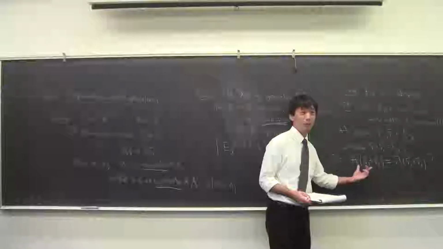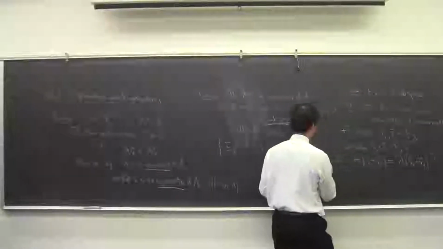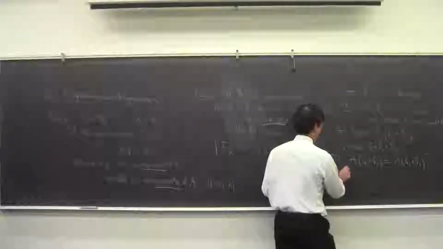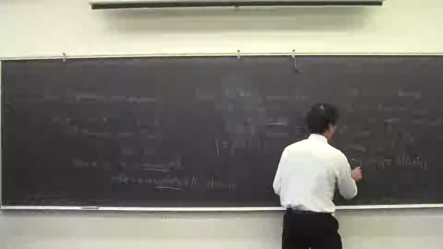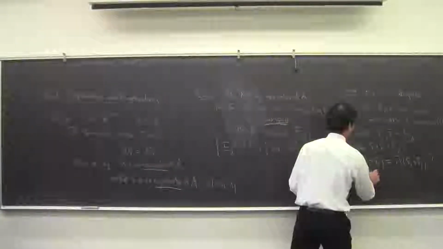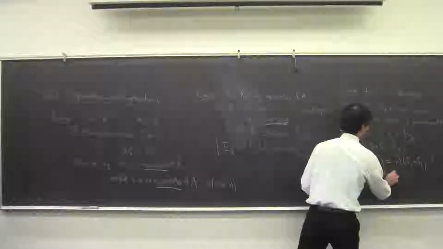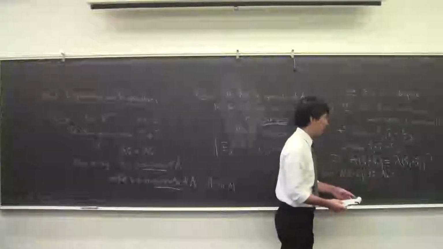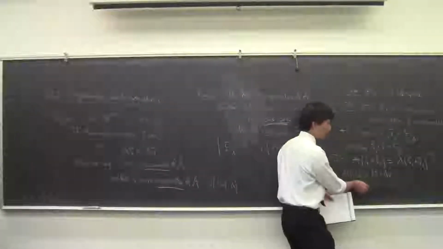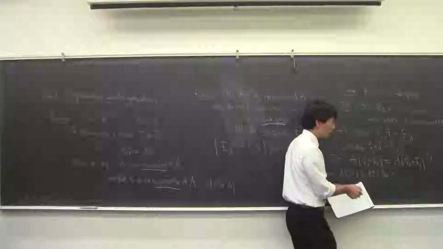So you say, well, look, matrix multiplication distributes, right? So A(v1 plus v2) is Av1 plus Av2, just by properties of matrix multiplication, right?